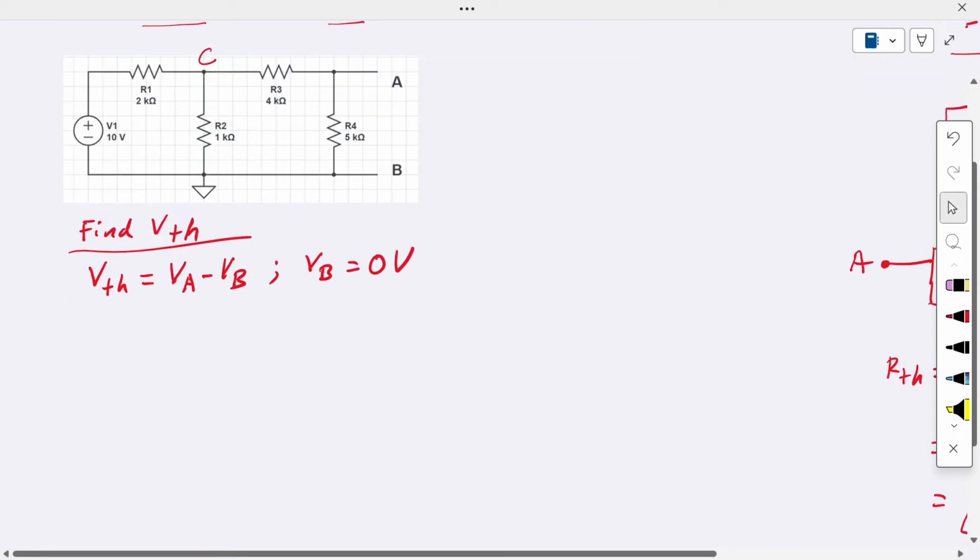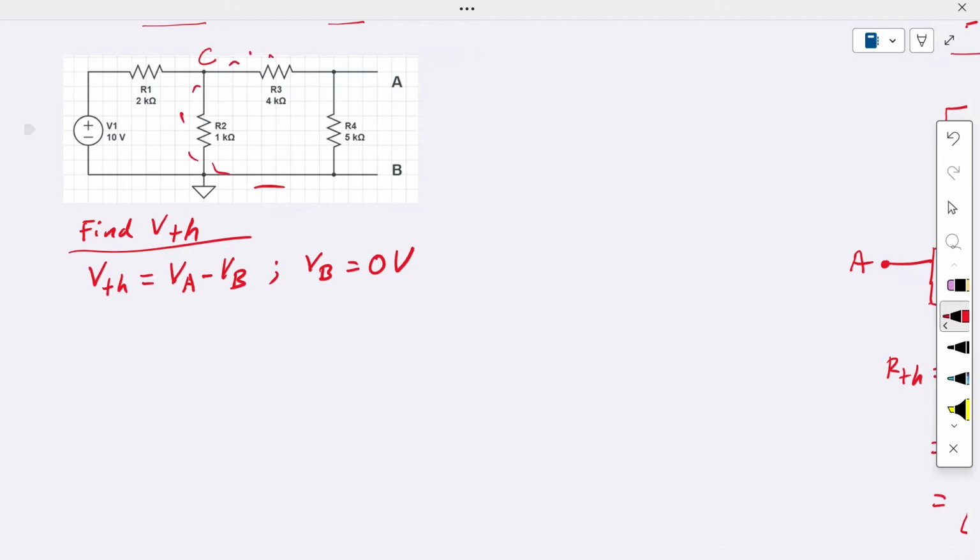So from this, we can use a voltage divider. So first, we calculate this equivalent circuit, this REQ value. Okay, from this, let's rename this equivalent network RC. For this RC, we have R3 connected in series with R4, and then they are in parallel with R2. Okay, that gives us the equivalent circuit for the C network.